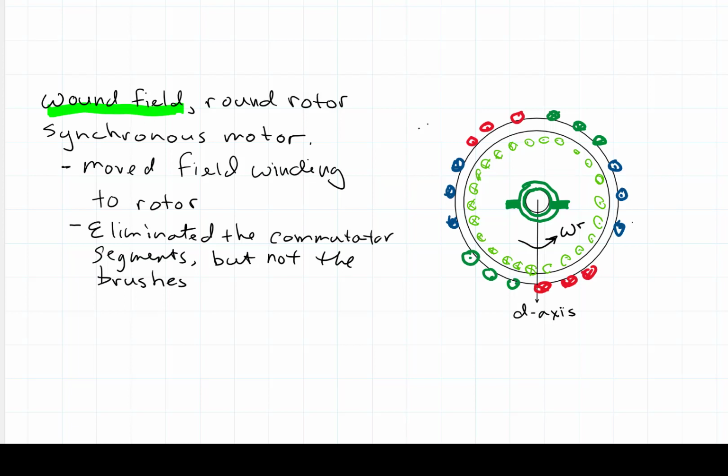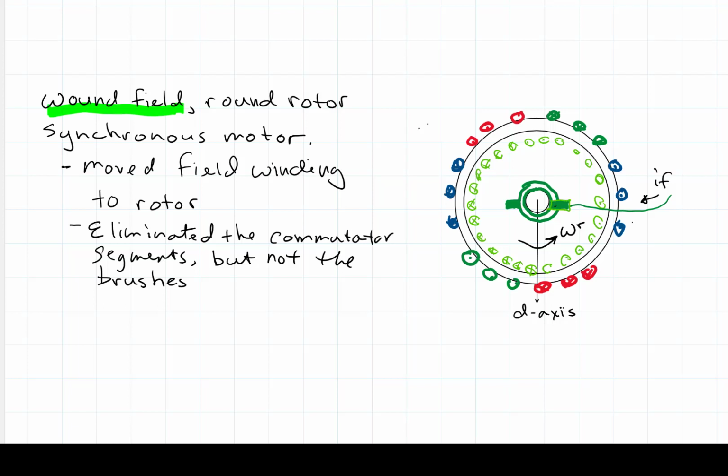So I'm showing the field current is coming in to this machine through the brushes, and then instead of commutators, the synchronous motor will have two slip rings. So you can see this brush that I'm showing right here.